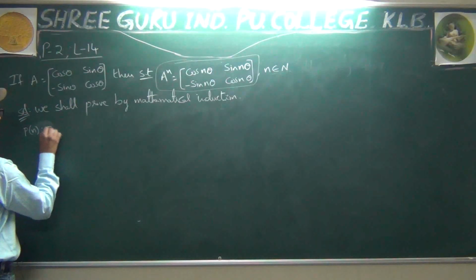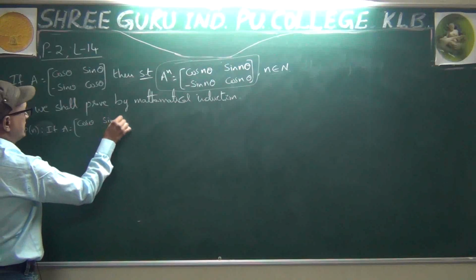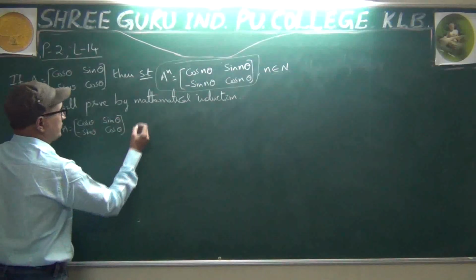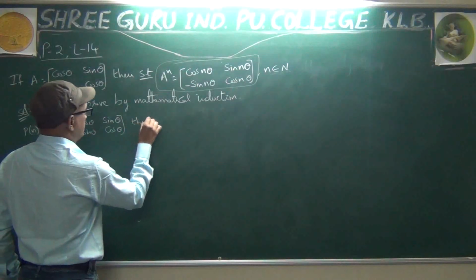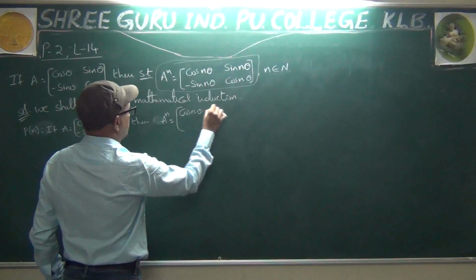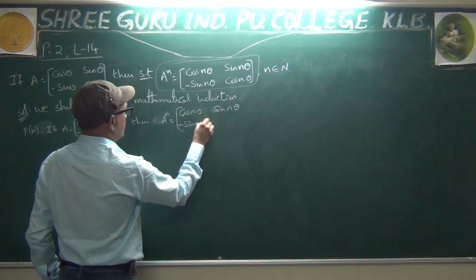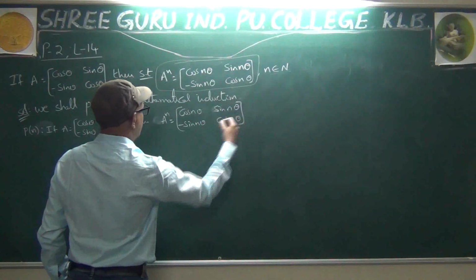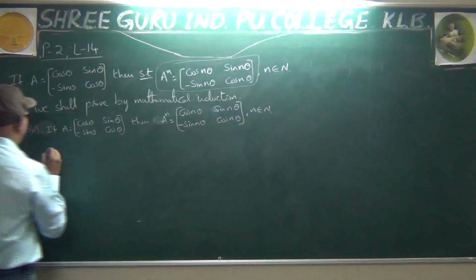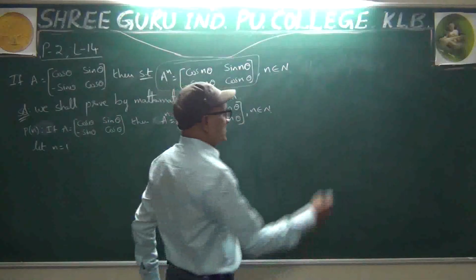If A equals [cos theta, sin theta; minus sin theta, cos theta], then A power n equals [cos n theta, sin n theta; minus sin n theta, cos n theta], n belongs to natural numbers. First of all, in the mathematical induction method, let n equals 1.